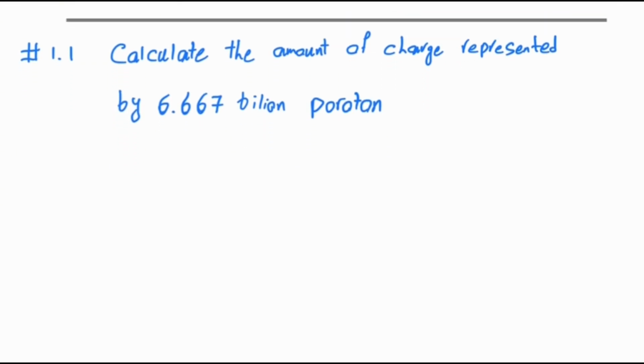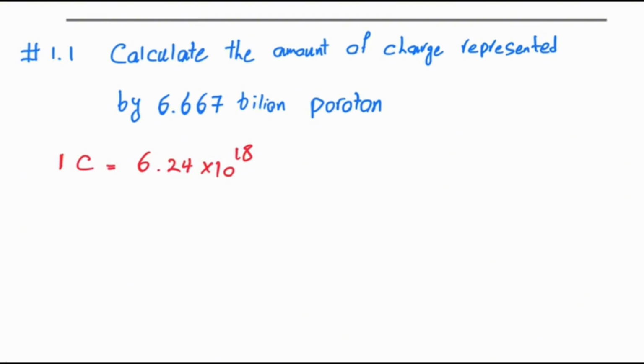The first example is this. Calculate the amount of charge represented by 6.667 billion protons. First of all, we should know that the number of electrons is equal to the number of protons. And also, we should know that one coulomb has 6.24 times 10 to the power of 18 electrons.